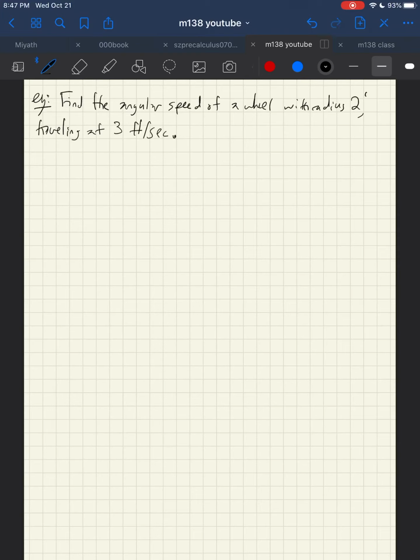So how do we approach this problem? What is the angular speed? Well, if speed is distance over time, angular speed is angles over time. So we're going to be looking for either degrees per second or radians per second. Let's draw a little picture. Here's a wheel of radius 2. And as it's rolling, it rolls in this direction.